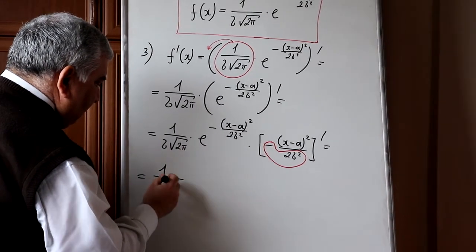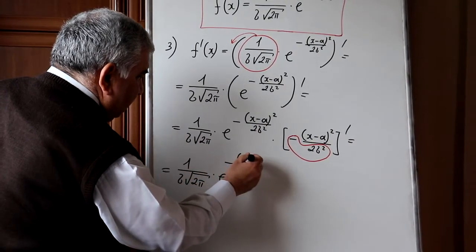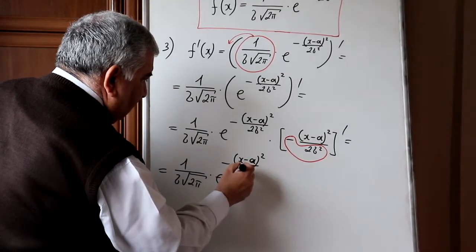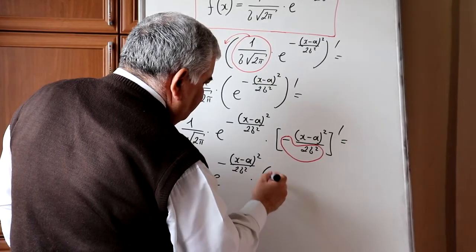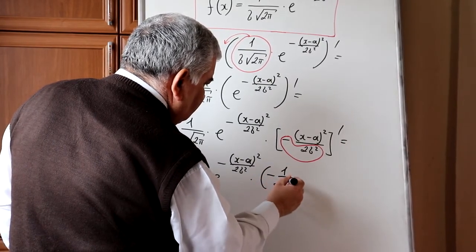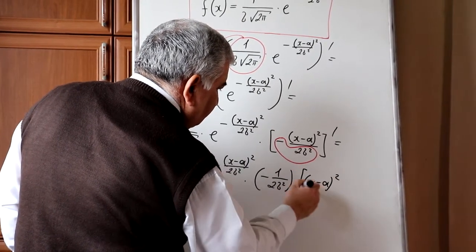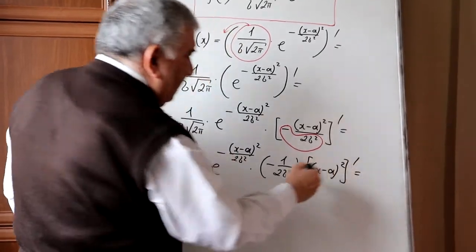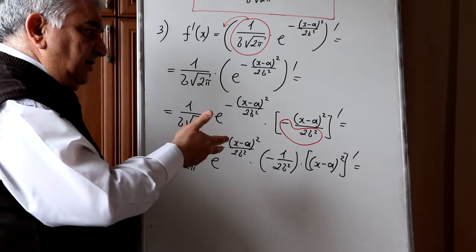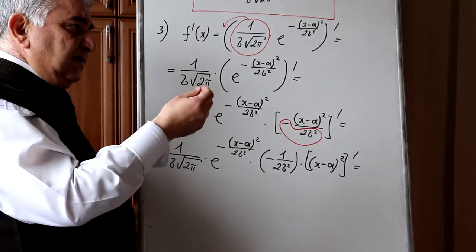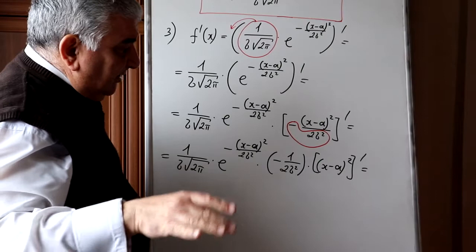1 over sigma multiplied by square root of 2 pi multiplied by e raised to minus x minus a squared over 2 sigma squared multiplied by minus 1 over 2 sigma squared multiplied by x minus a squared prime. X minus a squared is also the composite function. It can be represented as t squared. T squared prime is 2 multiplied by t and multiplied by t prime.